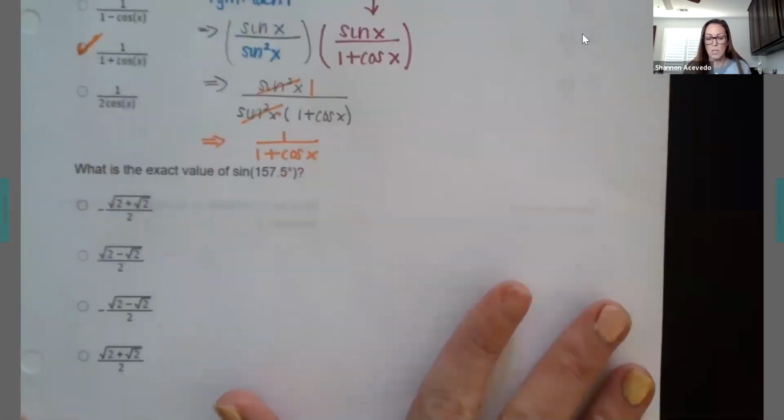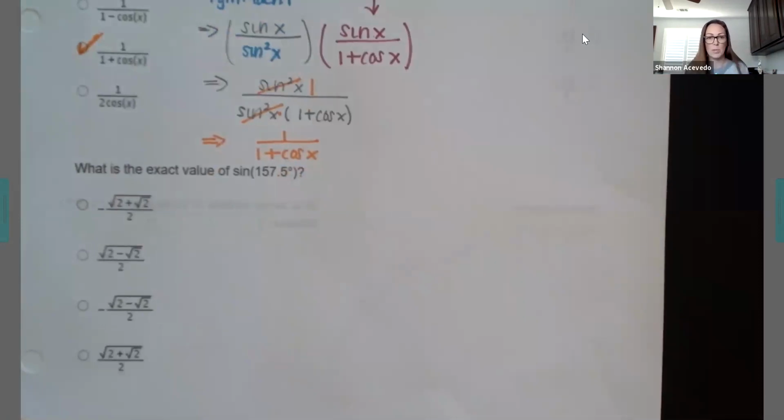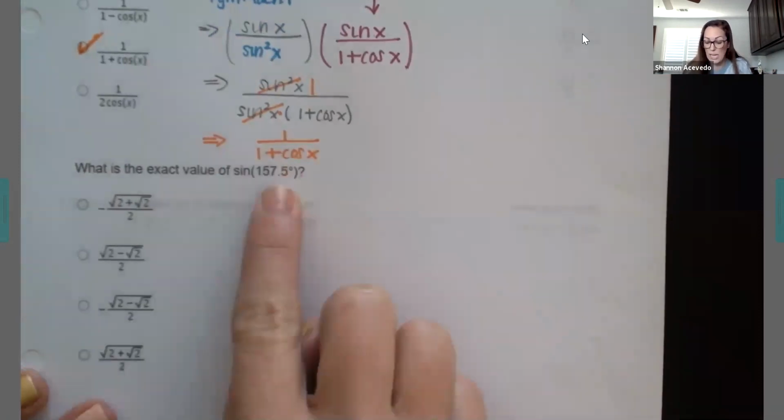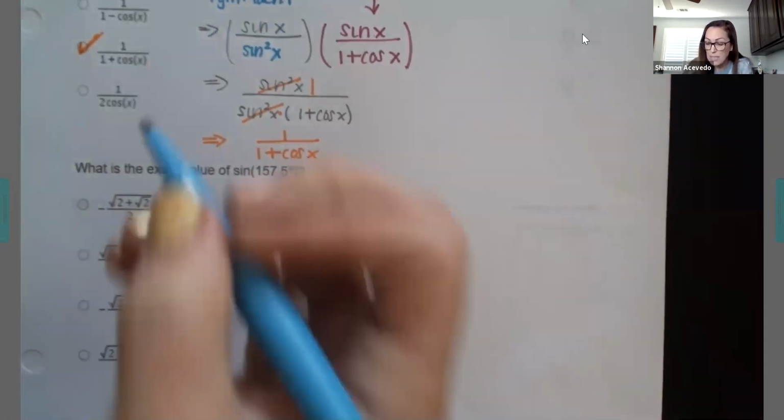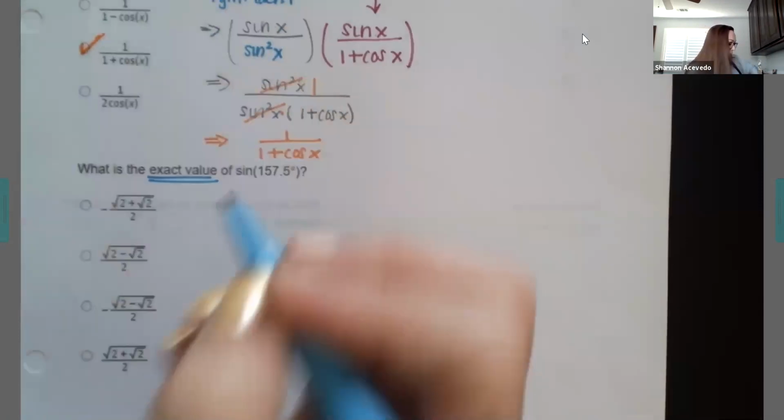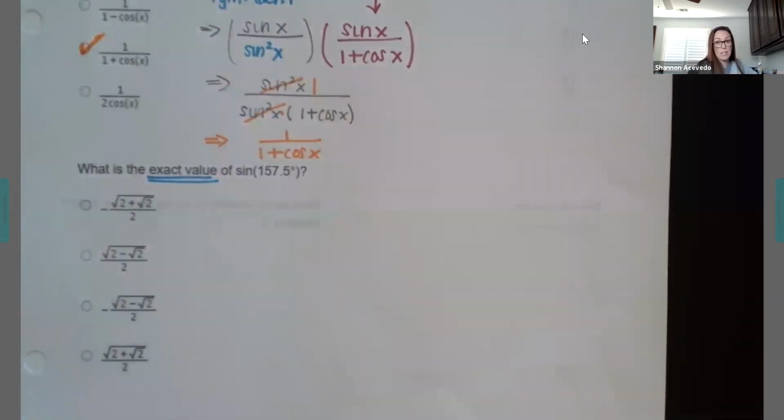Okay, so how do I use this? So this one says, what is the exact value of this 157.5? So again, exact value means it's got to be on my unit circle. And I'm thinking, okay, well, I definitely know that's not on my unit circle because it has that 0.5.